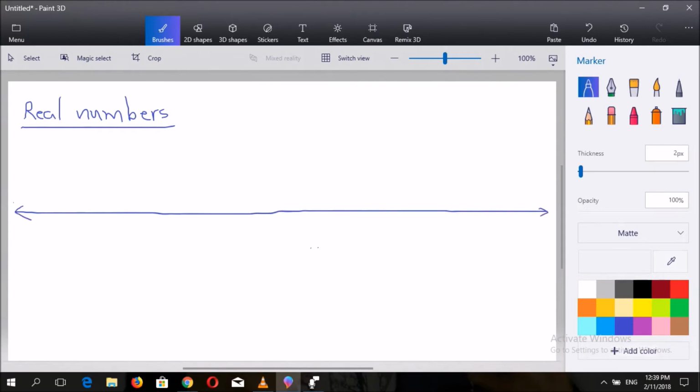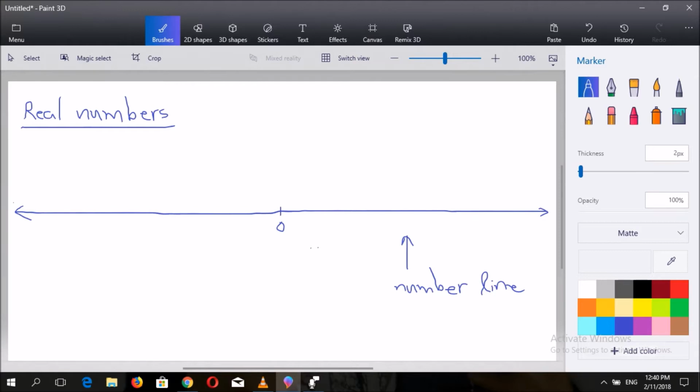What else do we need to know about real numbers? Now I'm going to explain how we can graphically represent real numbers. Real numbers are sometimes represented by something called the number line, or the horizontal number line, which looks like this.